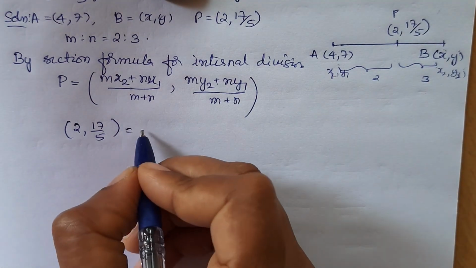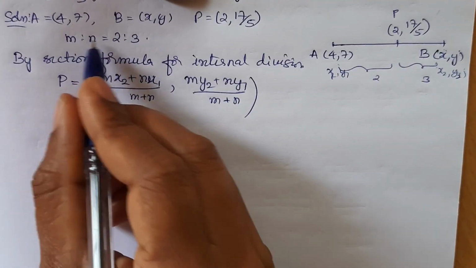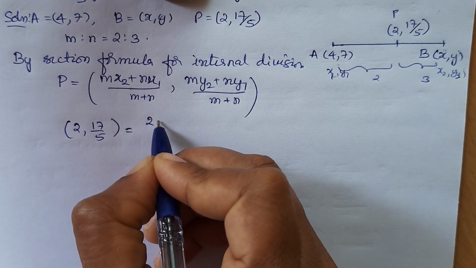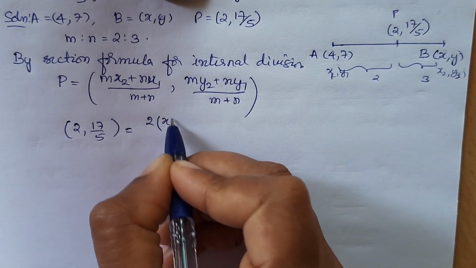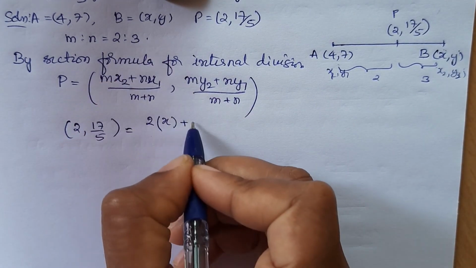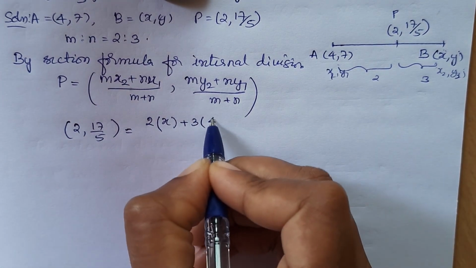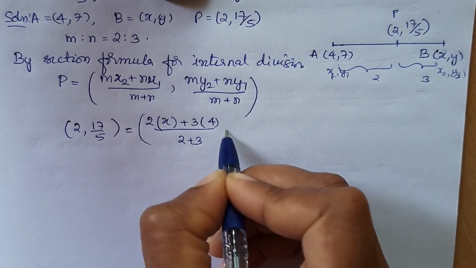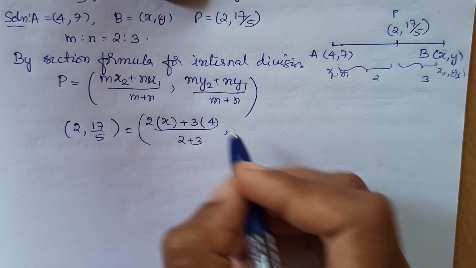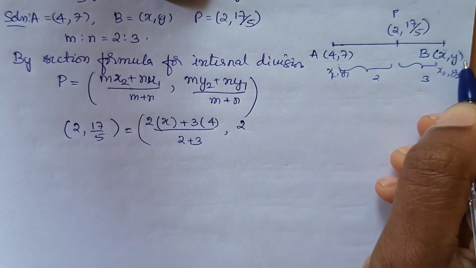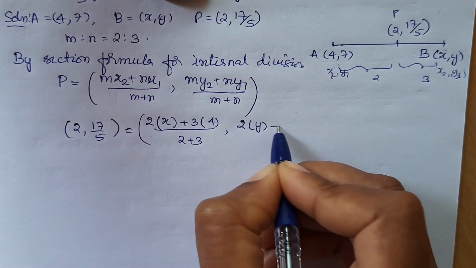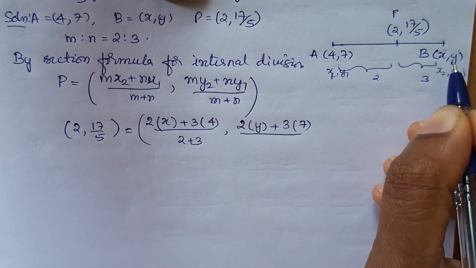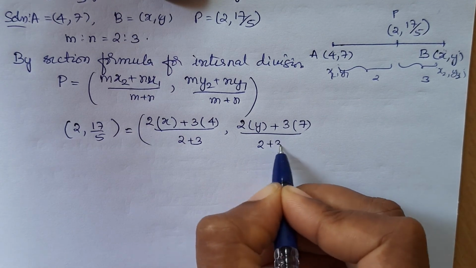Okay. So we will substitute m is to n is 2 is to 3. Therefore m is 2 and n is 3. m into x2 is my x here, plus n is 3, x1 is my 4 here, divided by m plus n is 2 plus 3, comma, m y2, m is 2, y2 is the y coordinate of the second point, that is y, plus n is 3 into y1 is 7, divided by m plus n is 2 plus 3.